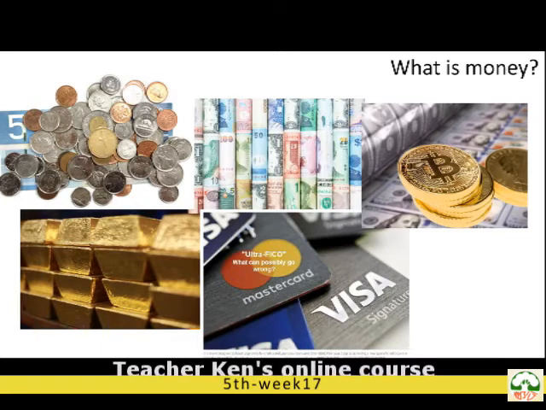Next to the gold, another form of money is a credit card. On top of the credit card, another form of money is the folding cash, the dollars, all right? And then next to that, to the far right, with the letter B, is the electronic money. So it has actually no physical form.